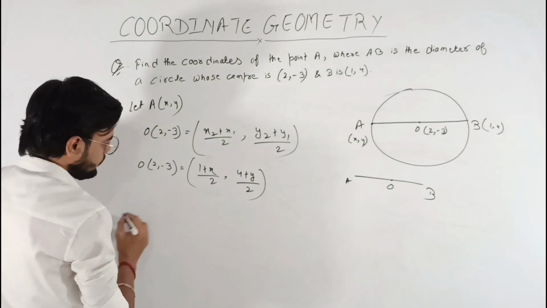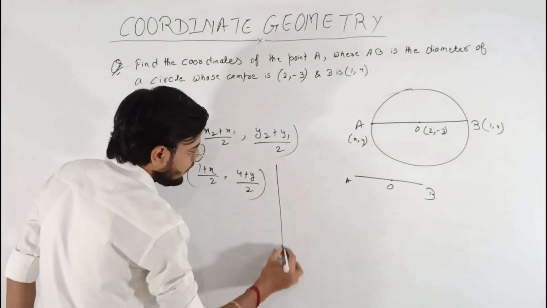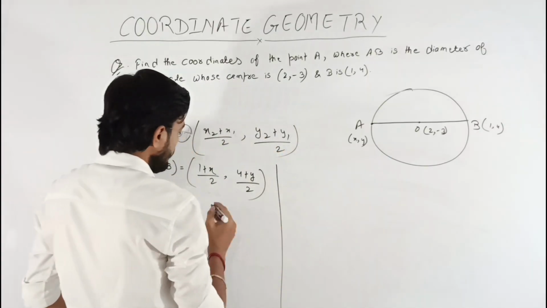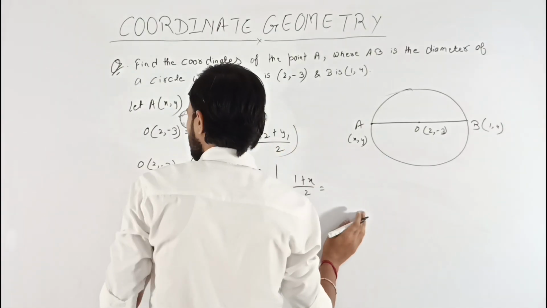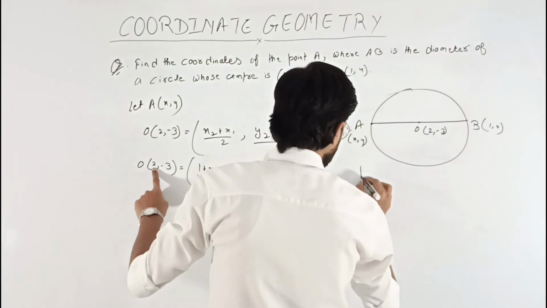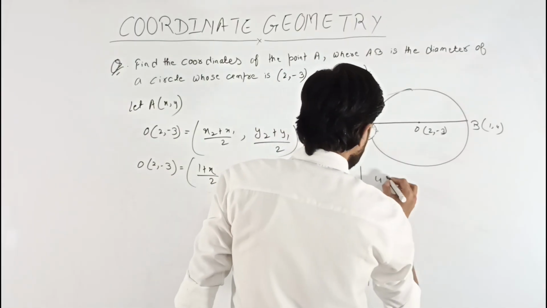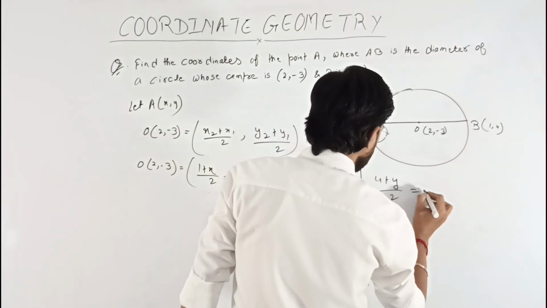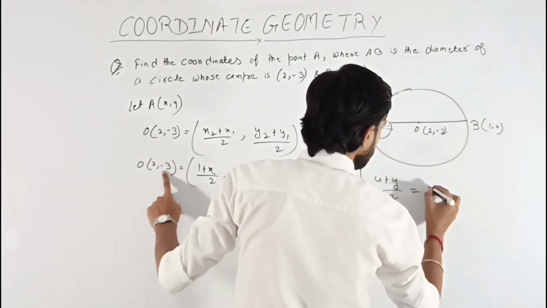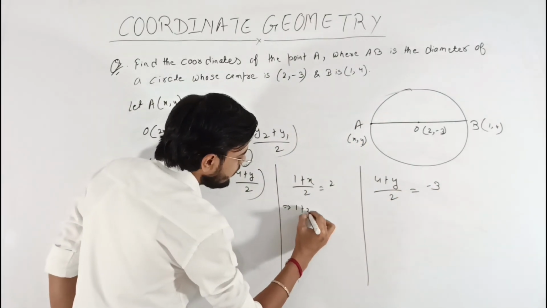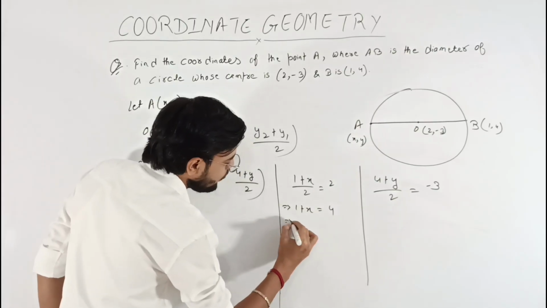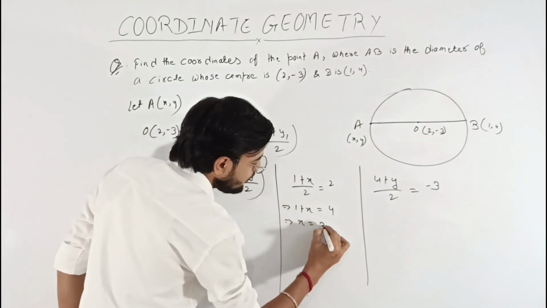So from here we have, I solve it here: 1 plus x upon 2 is equal to the x coordinate, which is 2, and 4 plus y upon 2 is equal to the y coordinate, which is minus 3. Now we solve for x. From here 1 plus x is equal to 4, so x is 4 minus 1, which is 3.